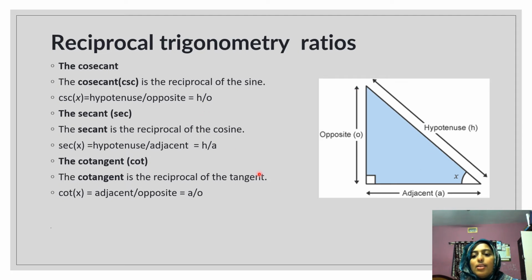And secant is the reciprocal of cosine. Cosine is adjacent by hypotenuse, so the reciprocal of it is hypotenuse by adjacent. So secant is hypotenuse by adjacent. And cotangent is the reciprocal of tangent, that is adjacent side by opposite side.